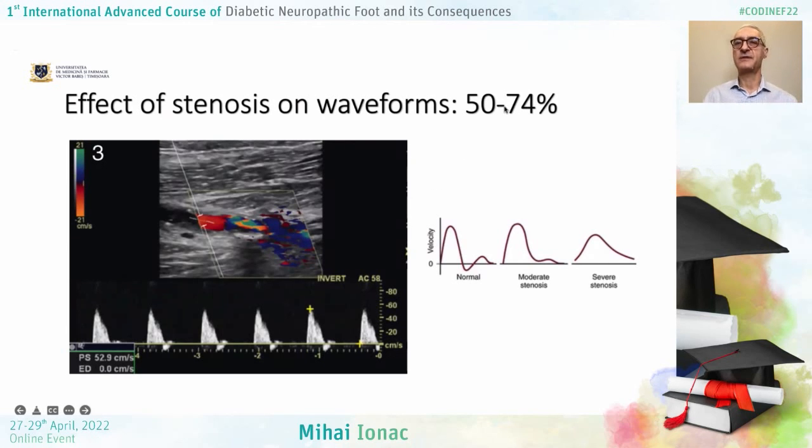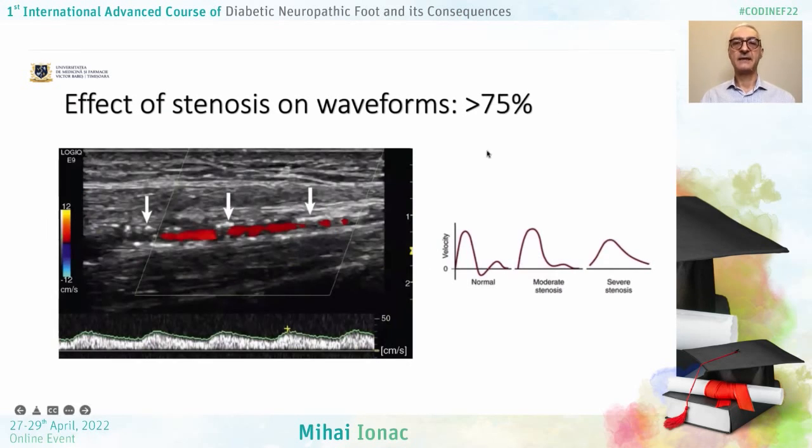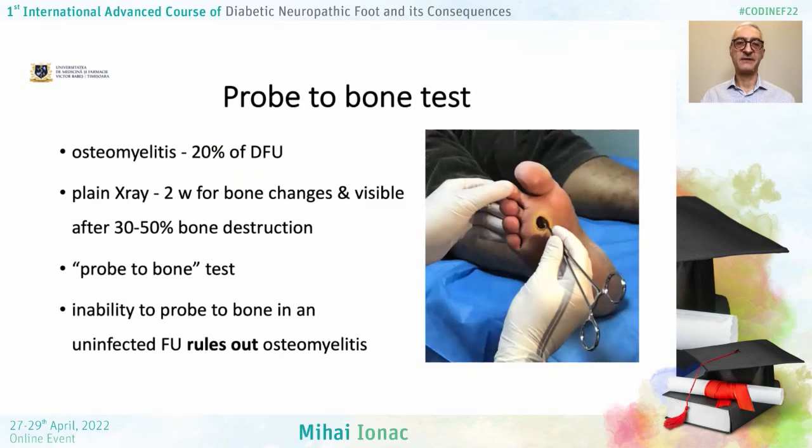If the stenosis is between 50 and 75%, then we will have this aspect of biphasic waves. And if there are many stenoses and they are over 75%, then we will have monophasic Doppler waves.